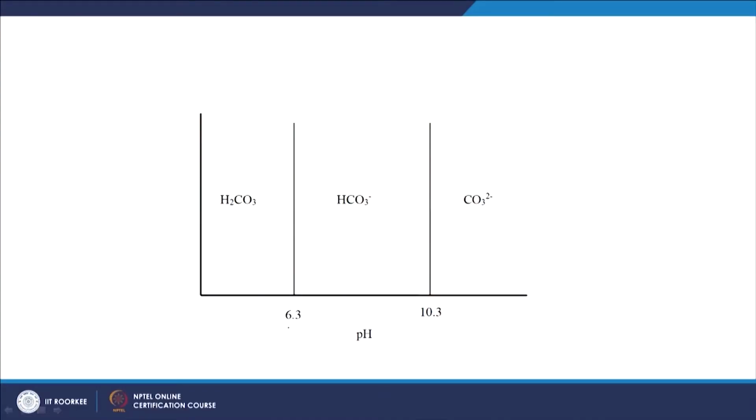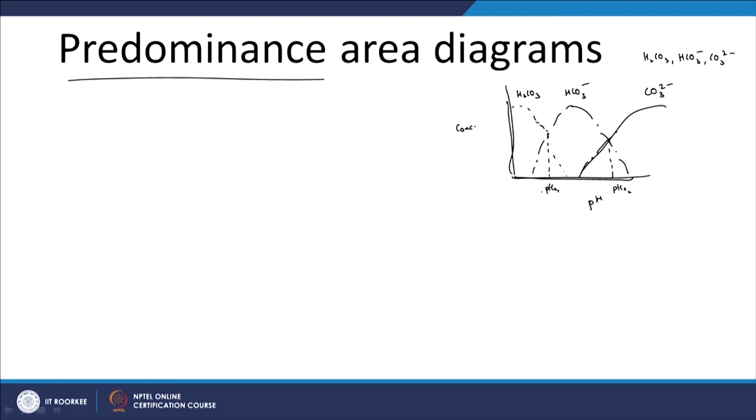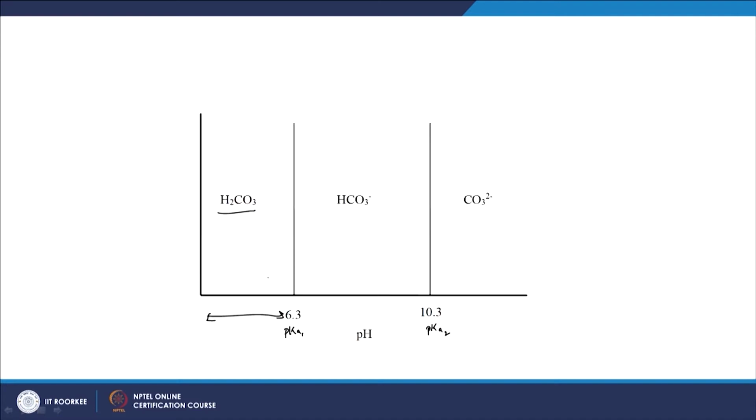What is it that we understand? This is the pKa1, this is pKa2. When pH is less than pKa1, which compound is going to predominate? H2CO3, and that is what you see here too. And what does this solid line represent? It represents the region where the H2CO3 concentration is equal to HCO3 minus.